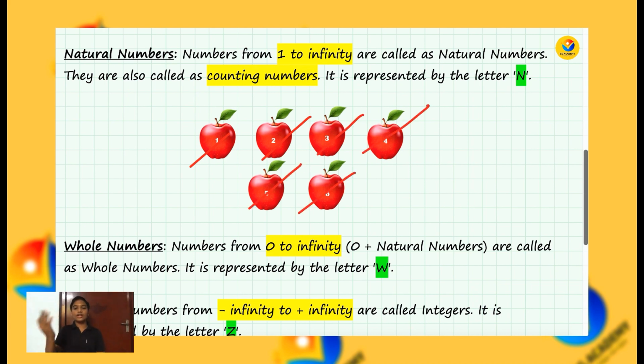And you will tell there are 6 apples. You are starting with the number 1 and then going on to the next numbers. You are not starting from 0 or any negative numbers. So from this we can understand that natural numbers are also called counting numbers, and they are represented by the letter N. Very important again.